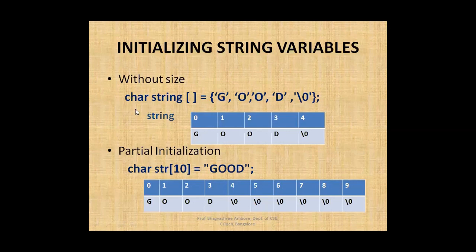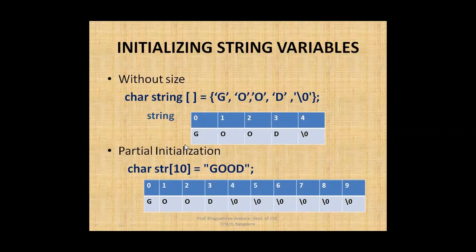Are you understanding? It is character, string, blank. I have not given the size. So it counts the number of characters you have given in these braces and places that as the size of the string. Total how many characters are there? 5. It will write 5 here, 0 to 4, total 5 characters.